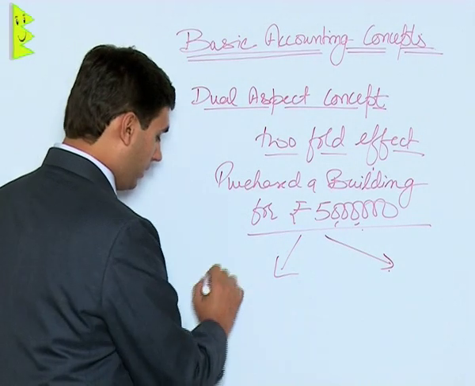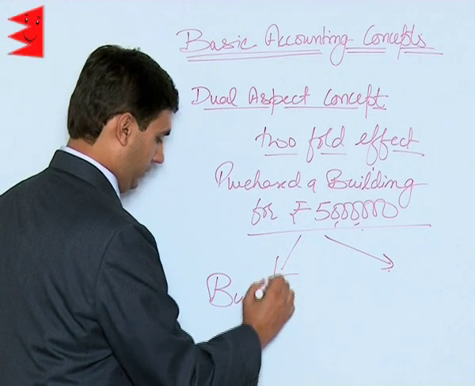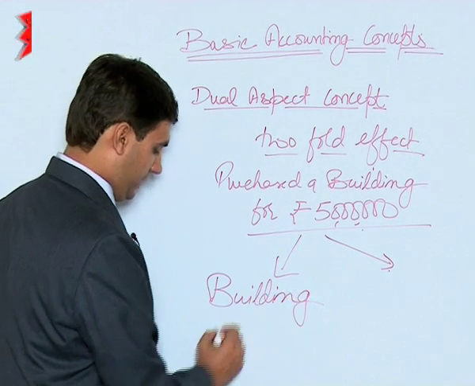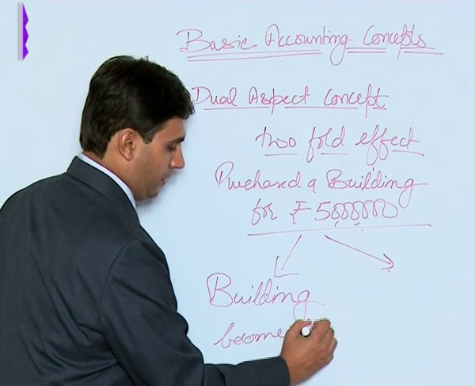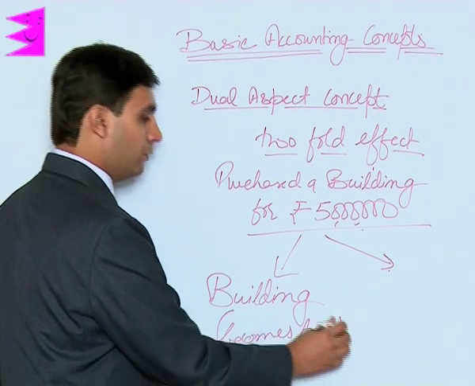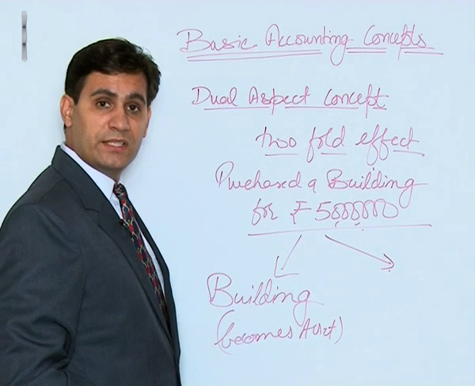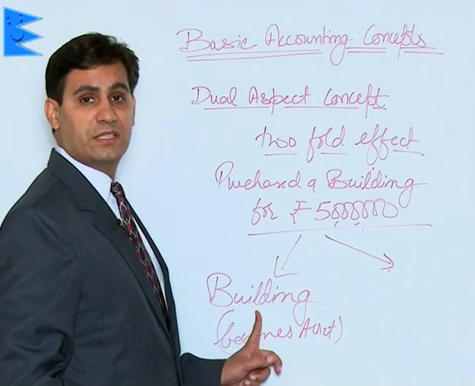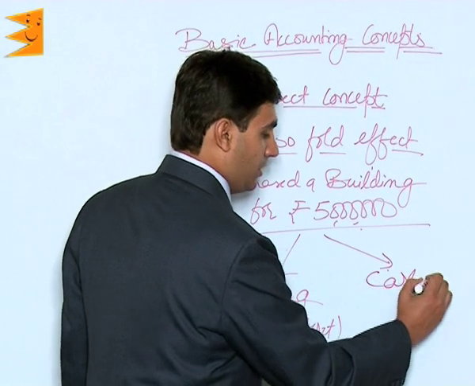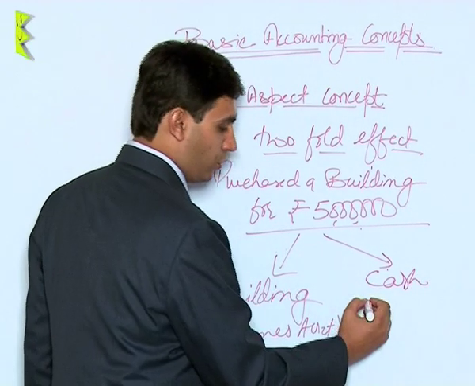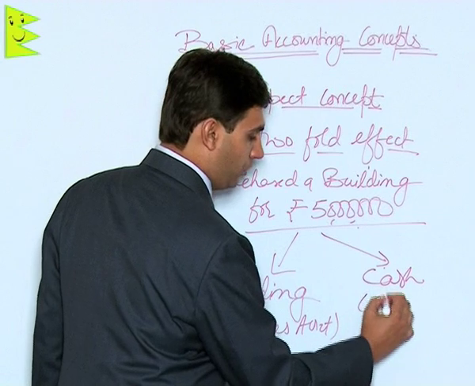The building that we have purchased becomes an asset. Since it has a value and it belongs to the business, it would become an asset for the business. And we have paid cash. Since we have paid cash, cash would be going out of the business.